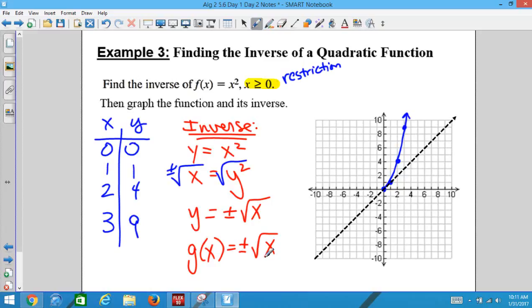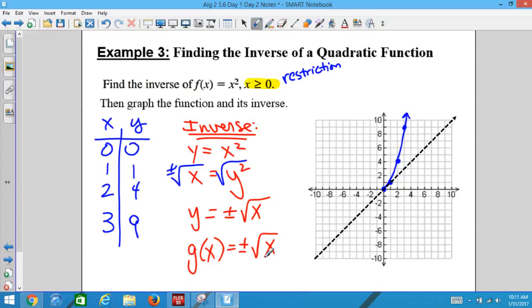Okay, so now we've solved for the inverse. To graph it, you can either graph using the equation or, what Jarrett said earlier, just switch the x and the y.